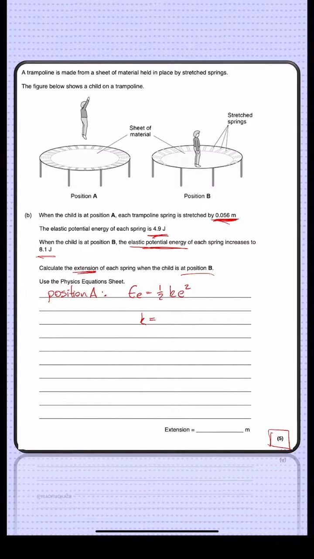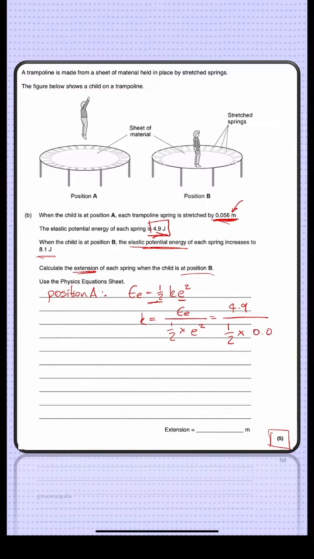So we need to rearrange this equation. Elastic potential energy divided by, so we're going to move this to the other side of the equation, and we're going to move this to the other side of the equation. So elastic potential energy divided by half times extension squared. Elastic potential energy we've got as 4.9 here. 4.9 divided by half times our extension, which was 0.056.